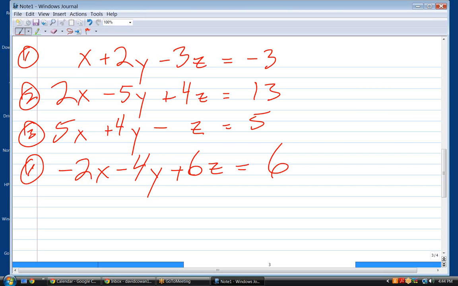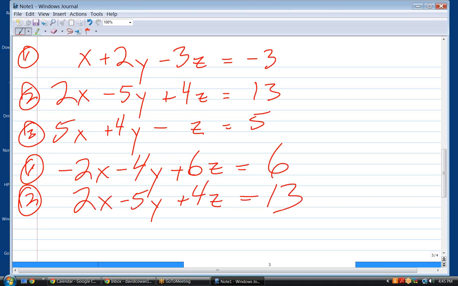Okay. Now I'm going to rewrite equation 2 without changing it. And now notice that if I now add the equations together, I've eliminated x.